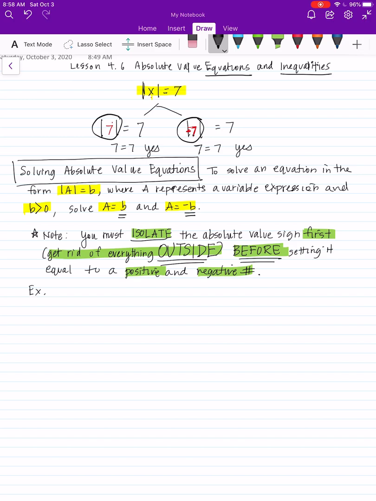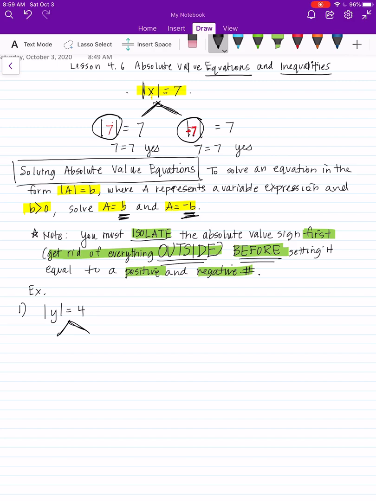All right, so example. Here we go. Number 1 is the absolute value of y equals 4. Okay, very similar to what we started with right up here. So what we're going to do is just like here, we split it into 2 answers, and that's what we're going to do here, because it says you got to set it up to the positive and to the negative right there in the mathematical language.